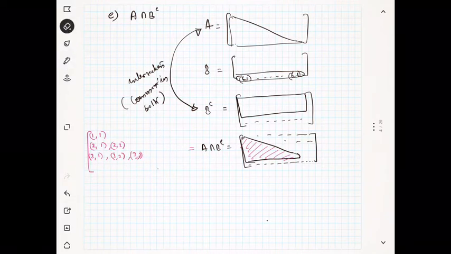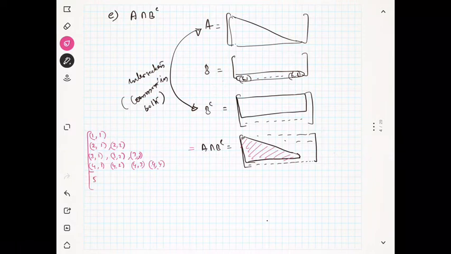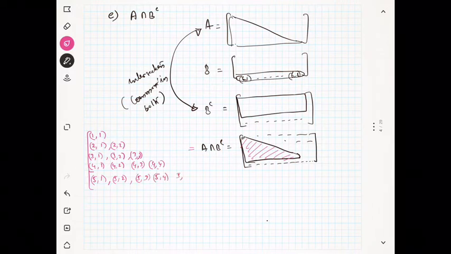Then you may get 4 comma 1, 4 comma 2, 4 comma 3 and 4 comma 4. Then you may get 5 comma 1, 5 comma 2, 5 comma 3, 5 comma 4 and 5 comma 5. So this will be the intersection. And you have part F. What is part F?